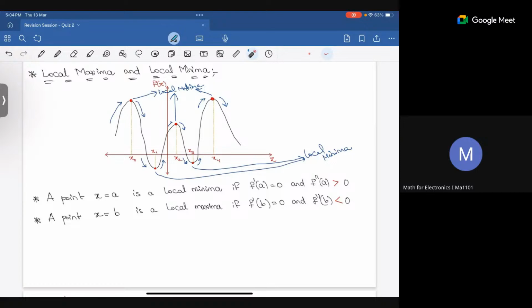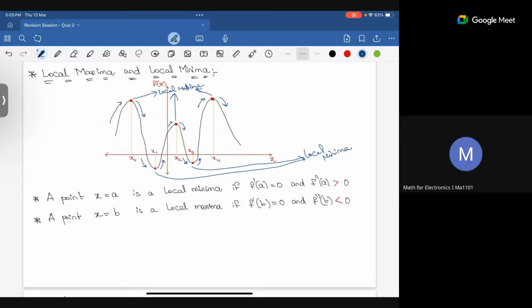Now if I have to conclude whether a given point is a local maxima or local minima, how can I do it mathematically? Graphically I can see: given a graph, I can say these are the three different points where the function attains its local maxima, and these are the three different points where it attains its local minima. But if the graph is not given, only the analytical expression is given, then how can I find them?